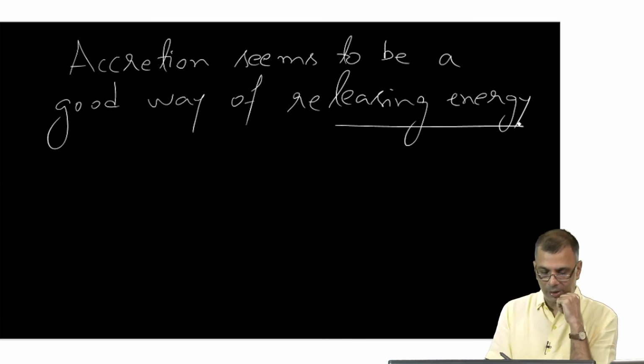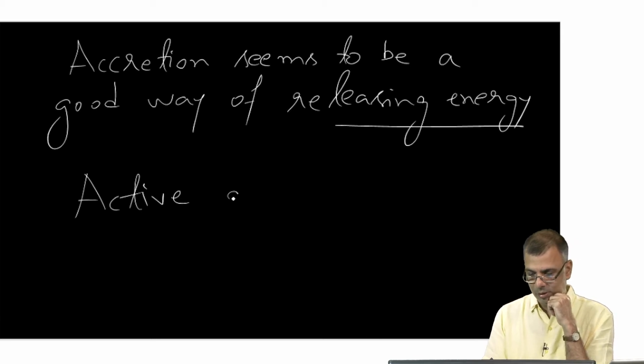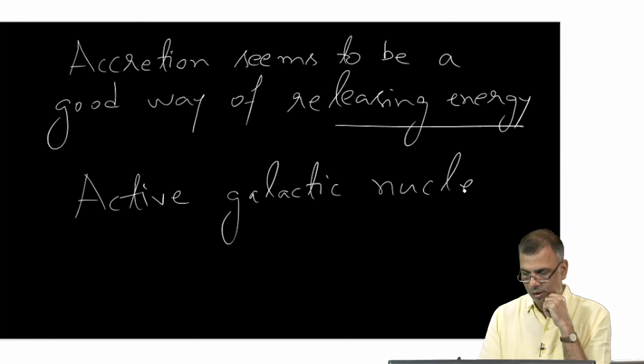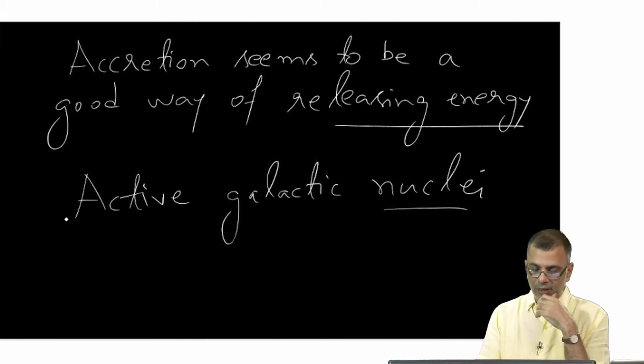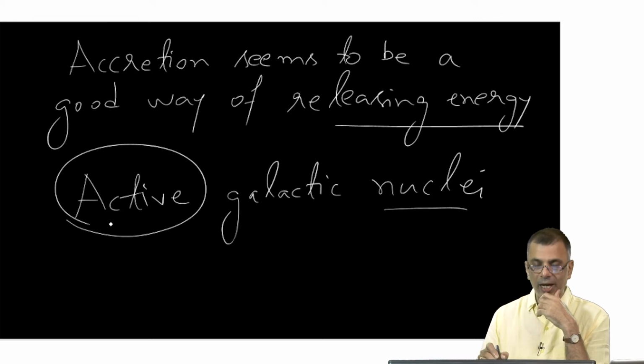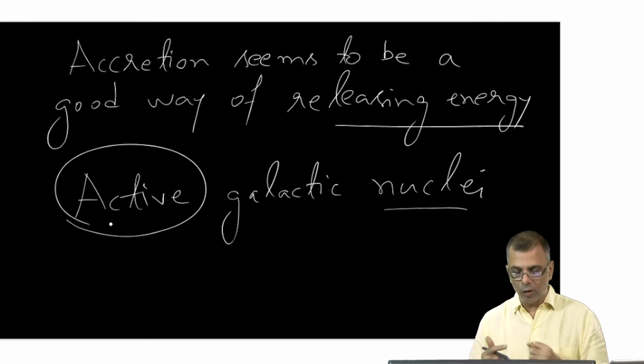Let me write this down. Active galactic nuclei. They are sitting at the centers of galaxies, hence the word nucleus, and they are not just dormant, they are active. They are active in the sense they are very, very luminous.